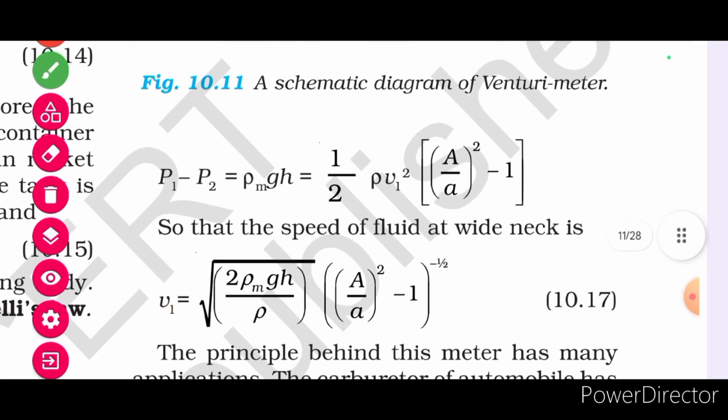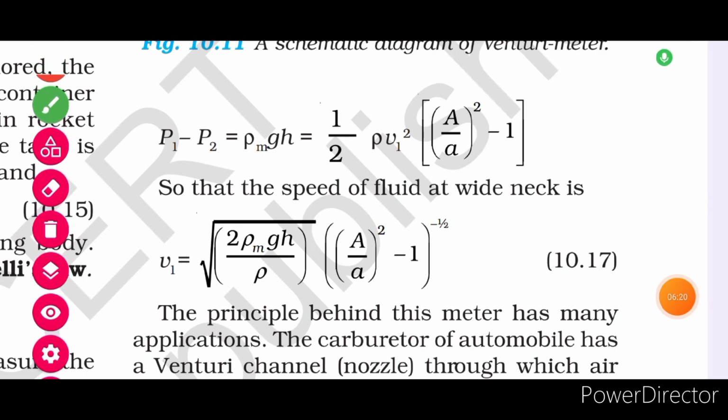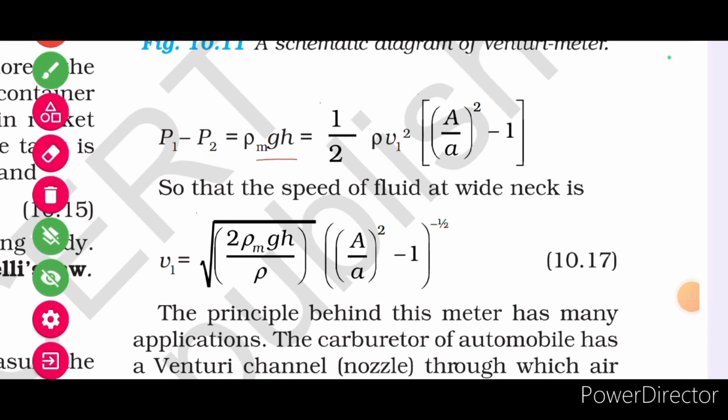The pressure difference will be equal to rho g h. So the speed at the wide neck is given by, we'll just equate it: 2 will be taken this side, then rho will be taken downward, and we cross multiply, then take the square root, and we obtain the expression for the velocity.